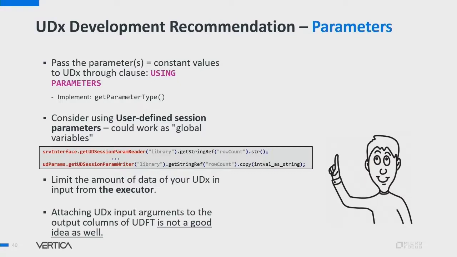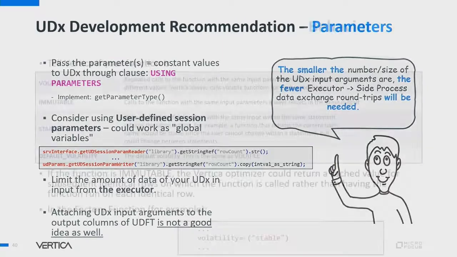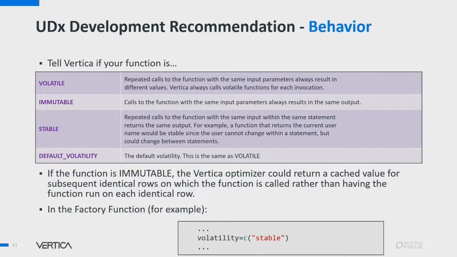And then I'm referring to one of the generic best practices I was talking about. Think about some limitations of the SDK in terms of designing your UDx. What you have to remember is, the smaller the size of the UDx input arguments, the fewer executor and side process data exchange round trips, and that definitely will have an impact on the overall performance of your UDx. Also think about the behavior of your UDx.